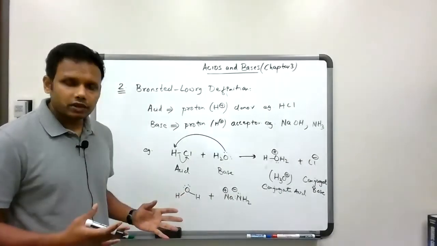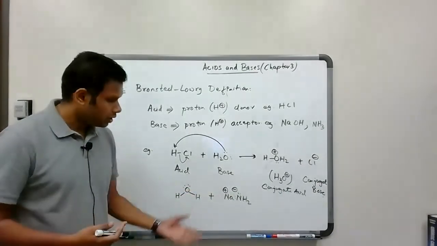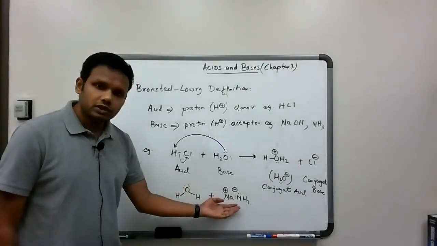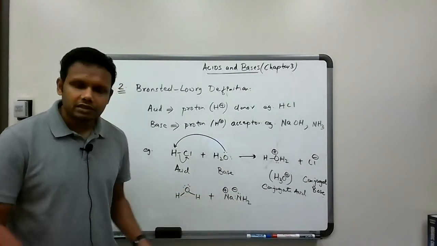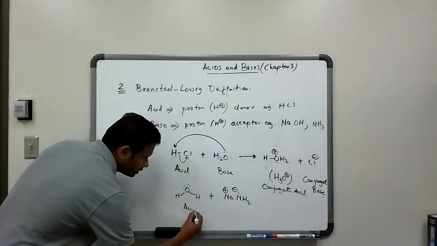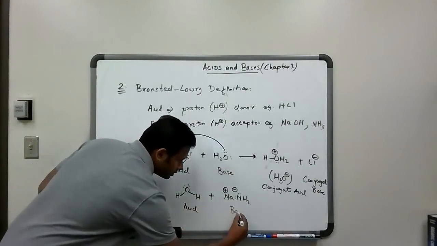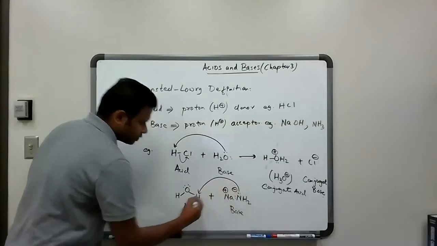Just as a rule of thumb, whenever you see something like this, now again, there are exceptions to this rule, but just as a rule of thumb, use the negatively charged species as your base. So we're going to say water in this case is our acid, and this is our base. And so the base is going to go and abstract a proton.